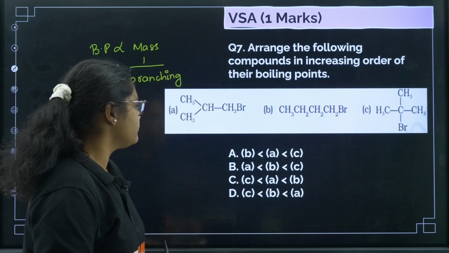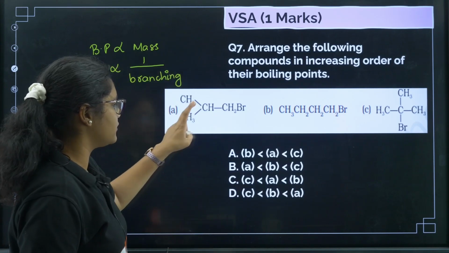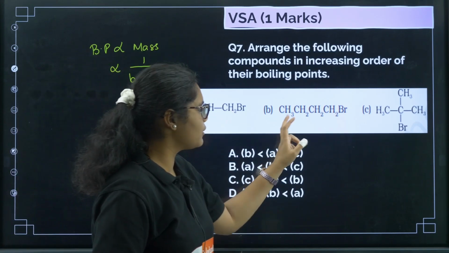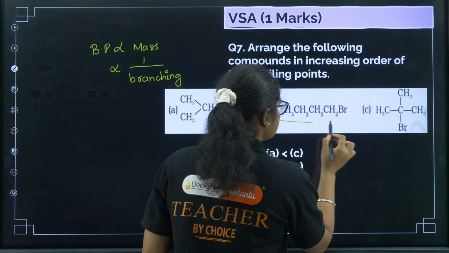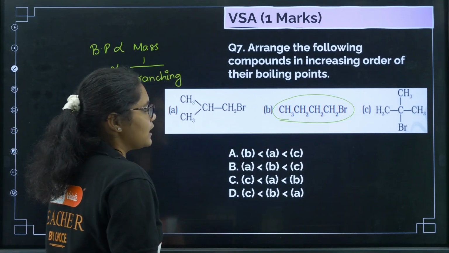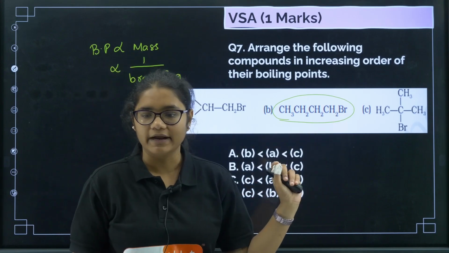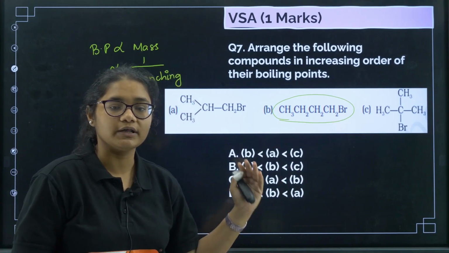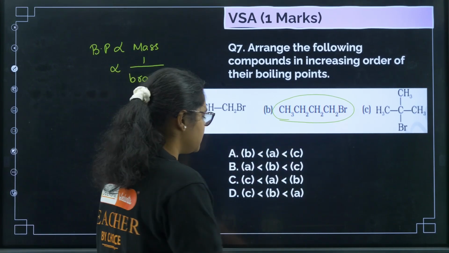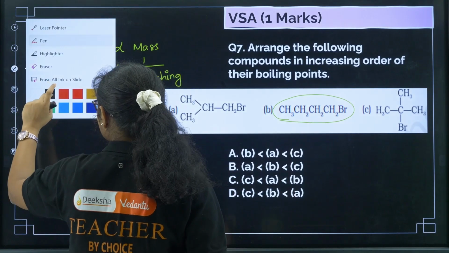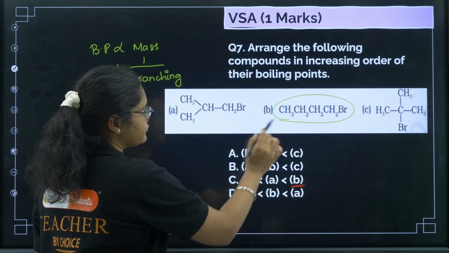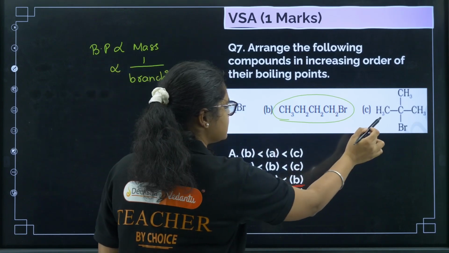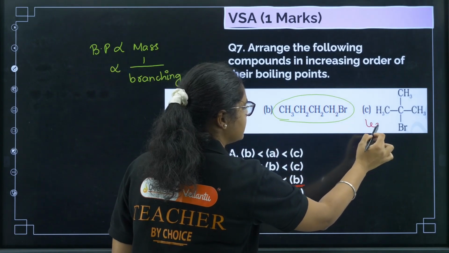Now if you see compound B, it has a straight chain, and if it is a straight chain, its boiling point will be maximum. So B will be maximum, and there is only one option with B maximum, so definitely this one will be there. Now here you see there is more branching, so this one will have the least boiling point.